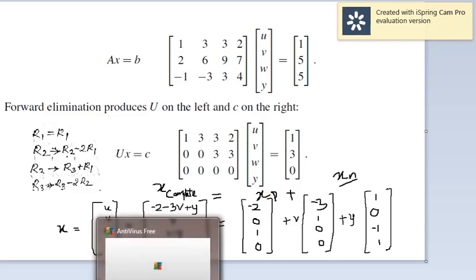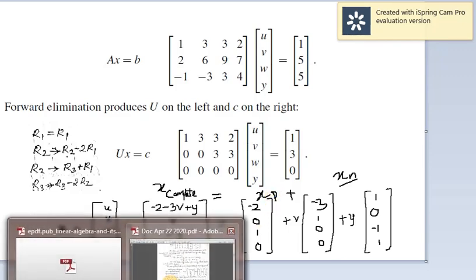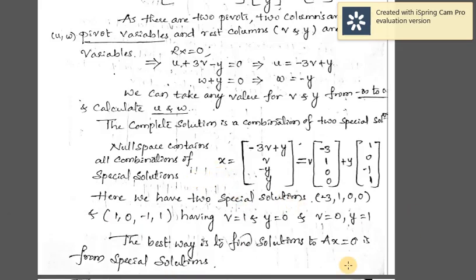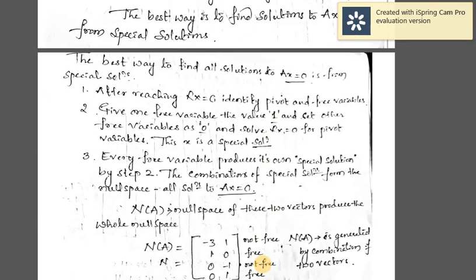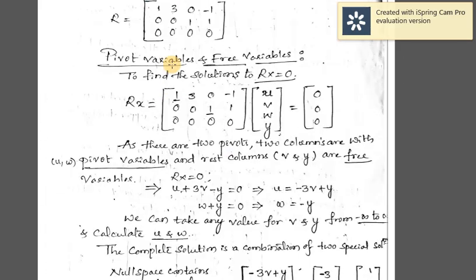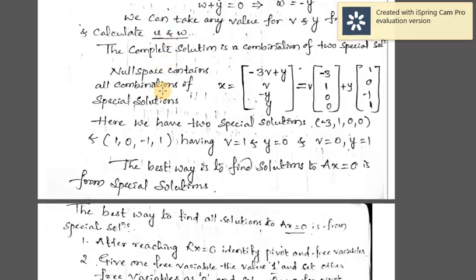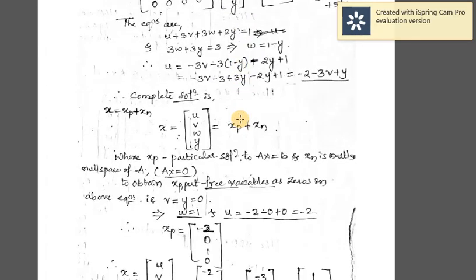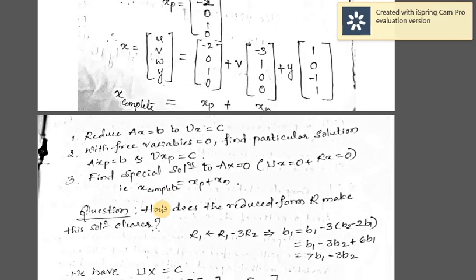Then after learning this, we have already obtained the solution, and xp and xn are obtained. Then the next thing is, after reaching Rx is equal to 0, what is the need of this? So the solutions are in this way. So for Ax, what is the methodology in solving this?